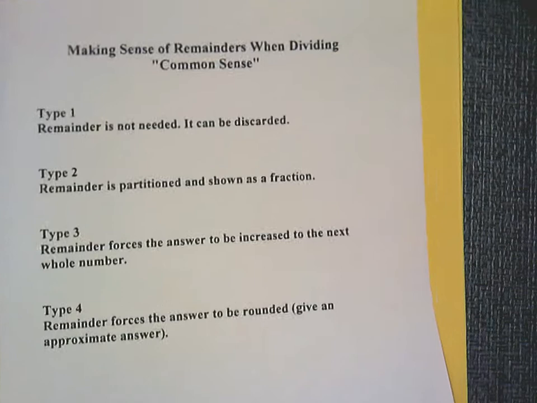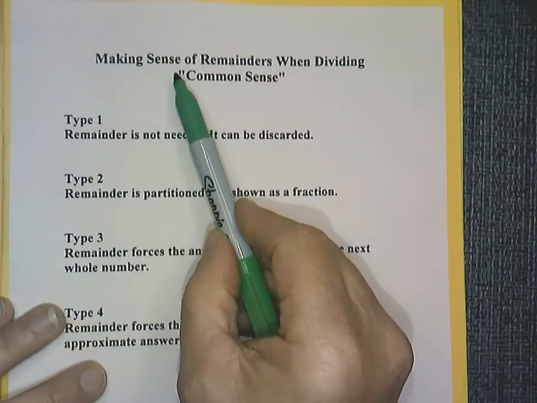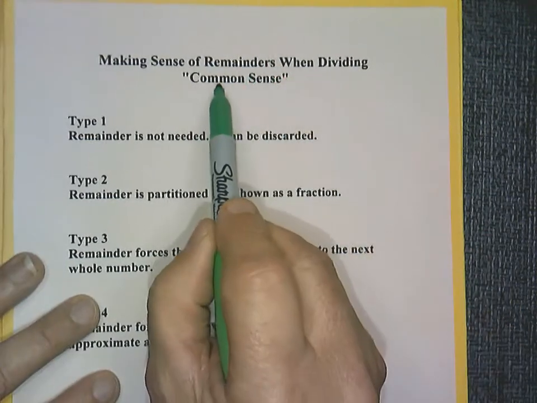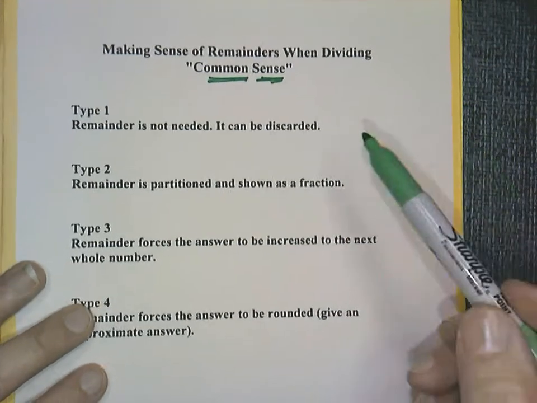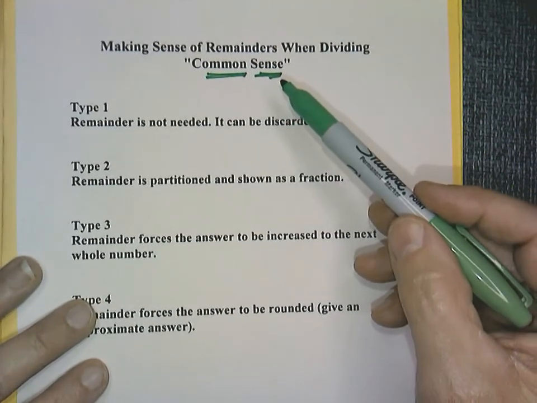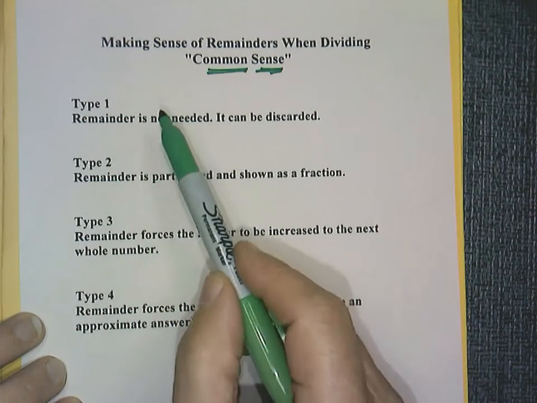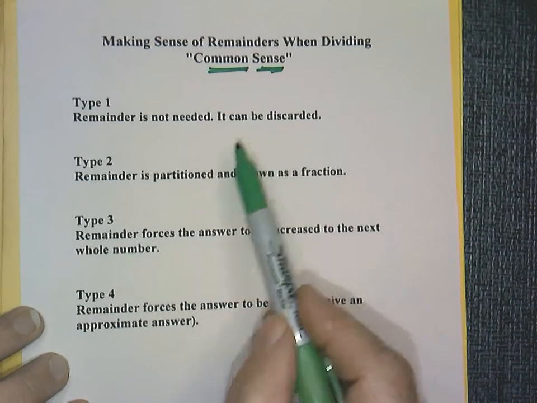So in review, our lesson topic today is making sense of remainders when dividing. And the key idea that I want to stress today is this whole idea of when you solve problems, make sure that you are thinking and using common sense. There are 4 types. Sometimes your remainder is not needed, it can be discarded.